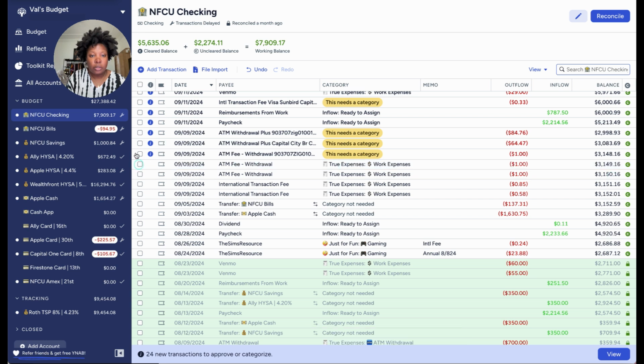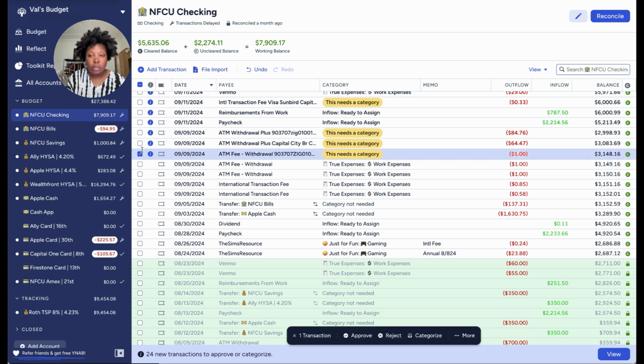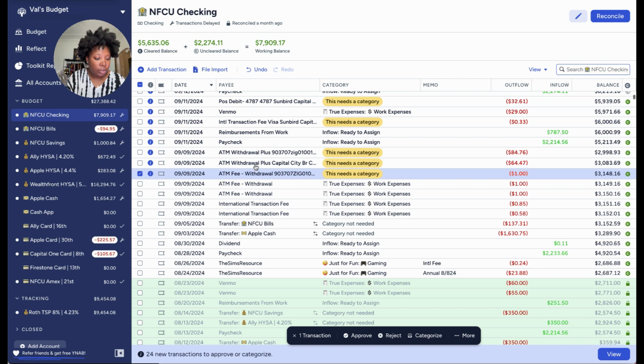All right, then there's another one. No, I see 1, 2. I only see, no. And that one's on the 9th.